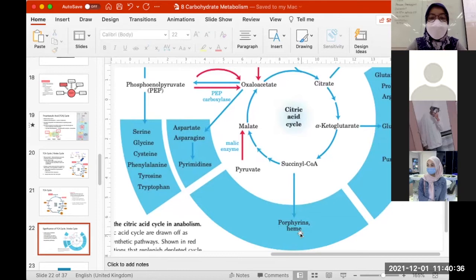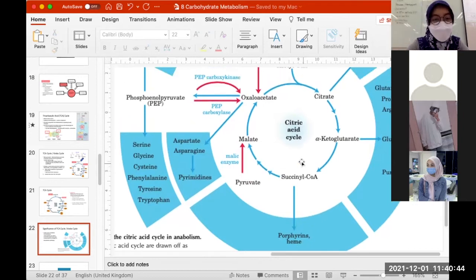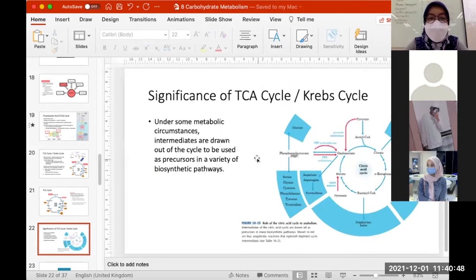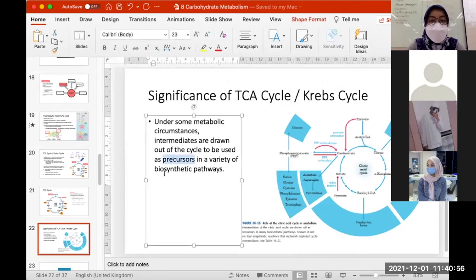Succinyl-CoA can form heme, one of the components in our blood, the red blood cell hemoglobin, and so on. So that is the significance of the TCA cycle having a lot of intermediates, because these intermediates are used as precursors in a variety of biosynthetic pathways.